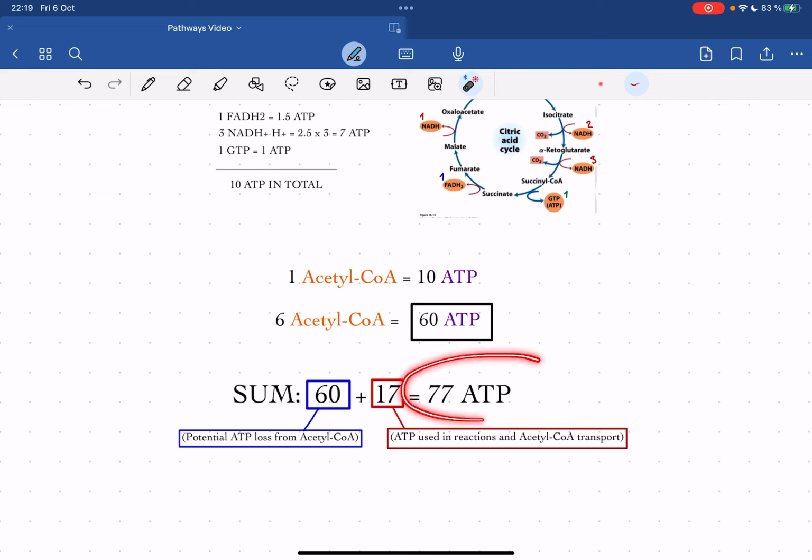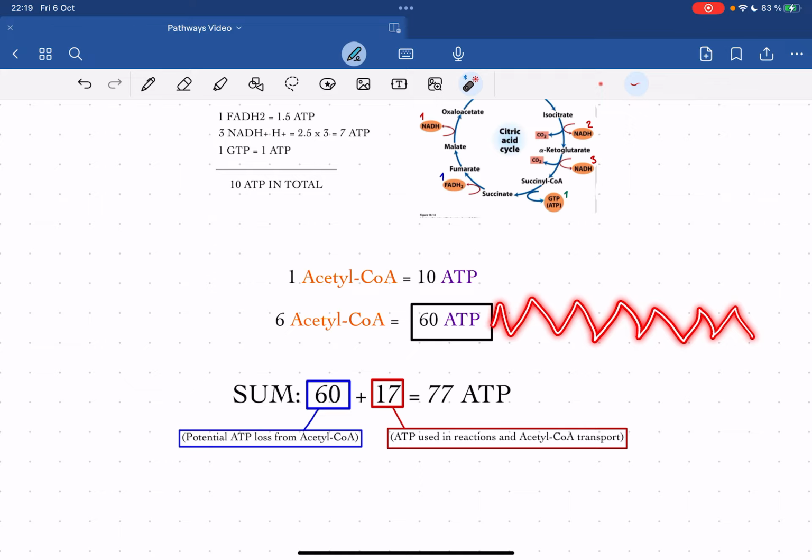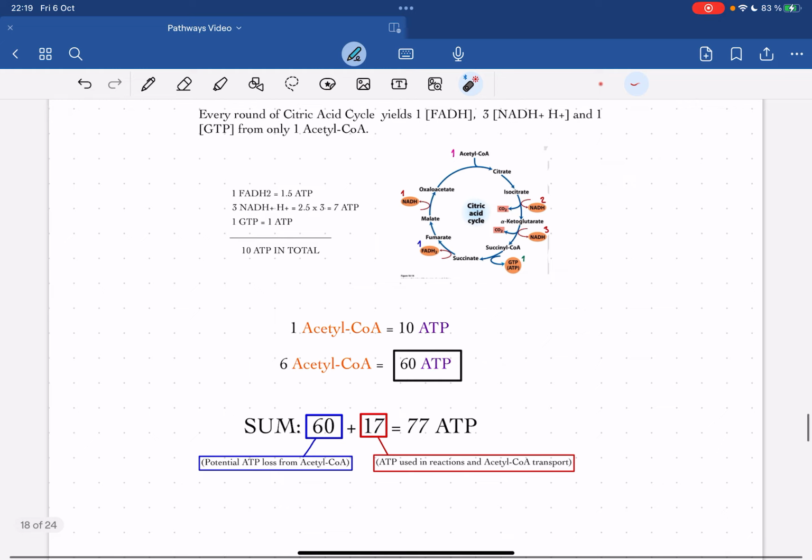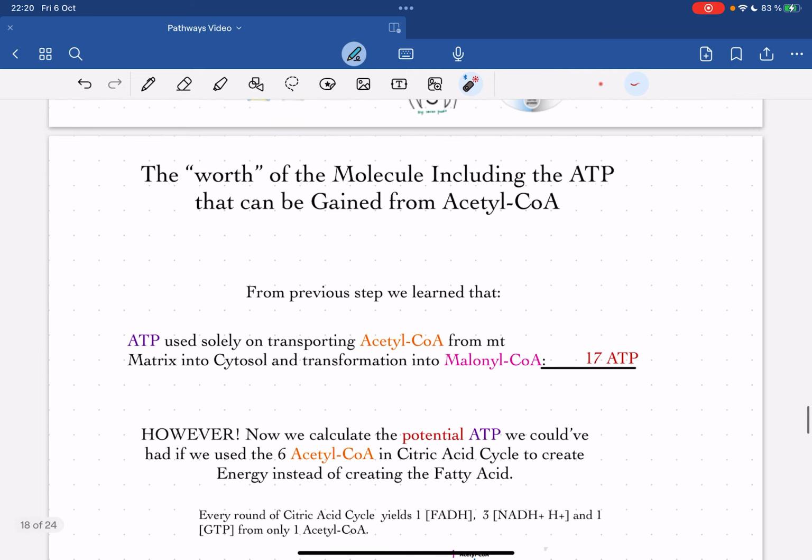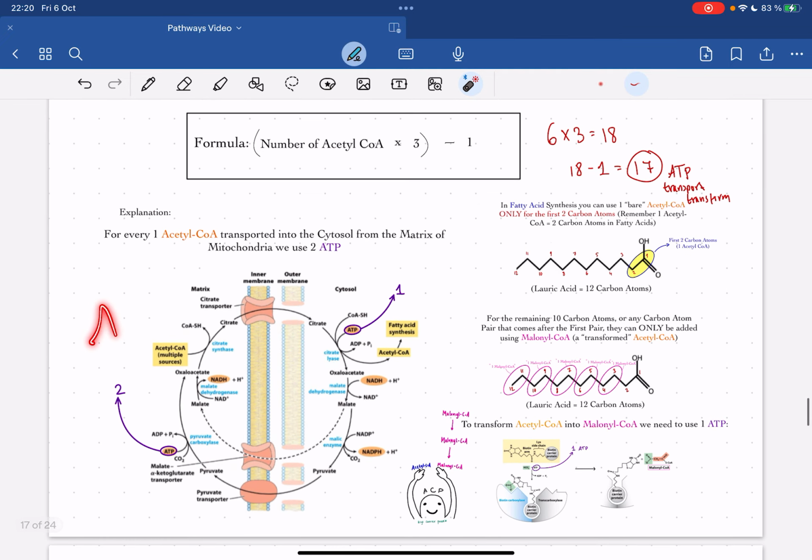This is a very, very big amount for just making a very tiny, sort of almost insignificant molecule by the grand scheme of things. However, again, we're only doing this if the ATP amount in the matrix of mitochondria right here is already too high and we're just accumulating acetyl-CoA.